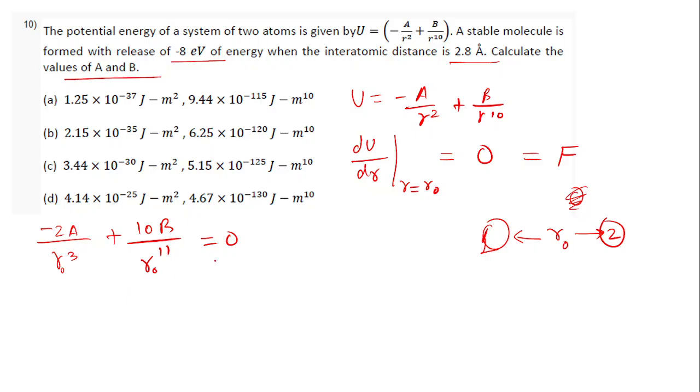If I take this to the right side, it will be 2a r0 cubed equals 10b r0 to the 11. This is the shortcut I can do. So r0 to the power 8 is equal to 10b over a. This is one expression that I got.